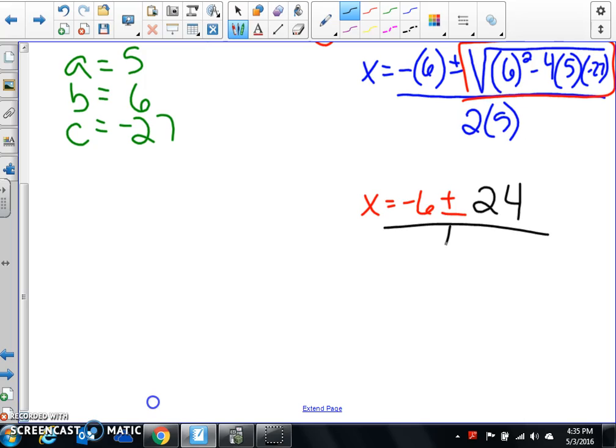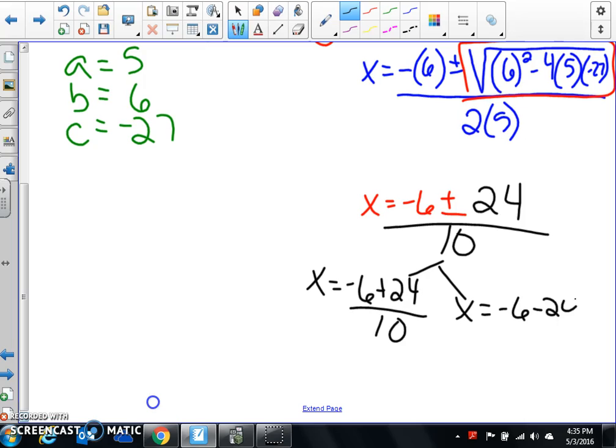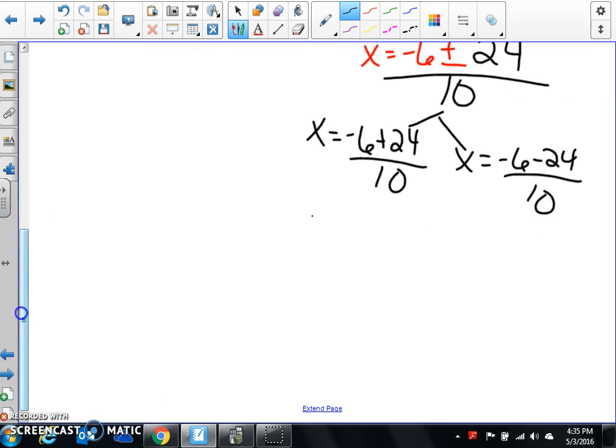2 times 5 is 10. Now we break that up into x equals negative 6 plus 24 over 10, and x equals negative 6 minus 24 over 10. All right, so x equals negative 6 plus 24 is 18, so 18 over 10, which reduces down to 9/5.